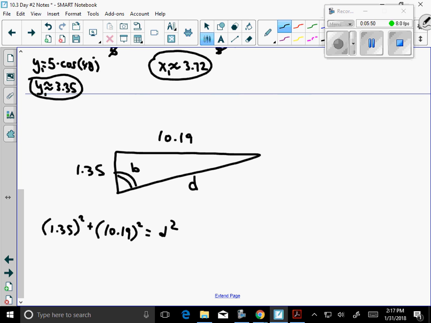I'm doing a calculation, and after the square root, I get that the distance is about 10.28 miles. So our distance is about 10.28 miles.